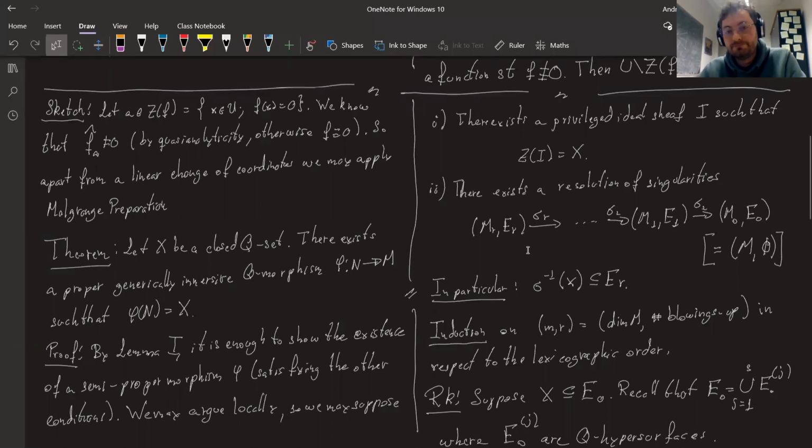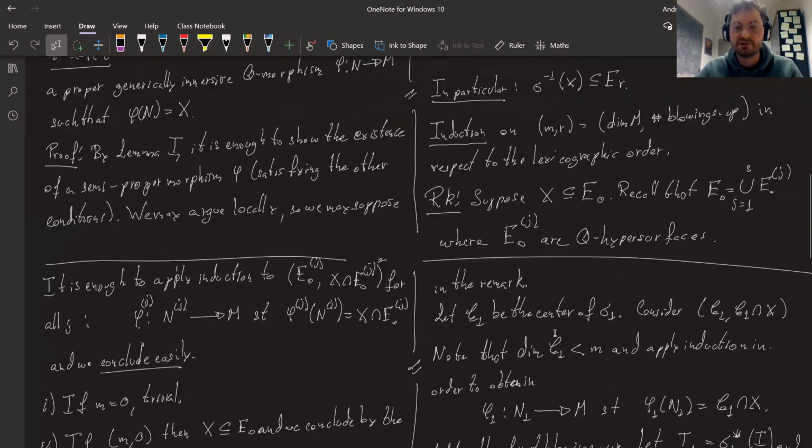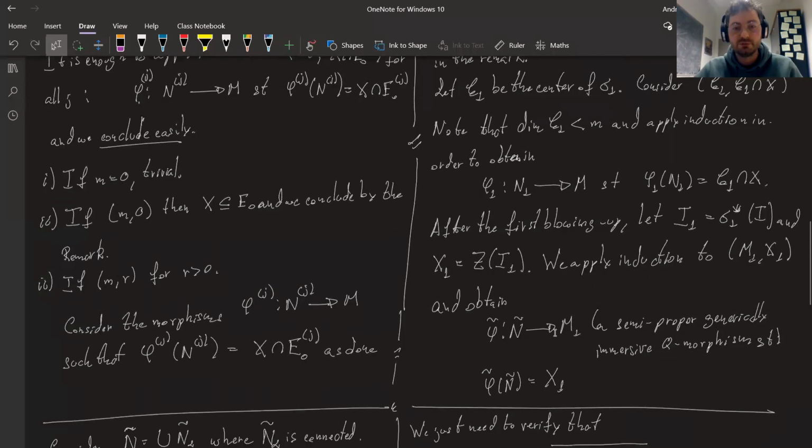So I feel like we can use the result itself and have a proof that is less hard from a combinatorial perspective. Another thing is that in their proof, the induction is on the dimension of x2, and here I had to modify it in order to use the dimension of the ambient space. So it's a slight difference, but the idea of the proof is exactly the same.